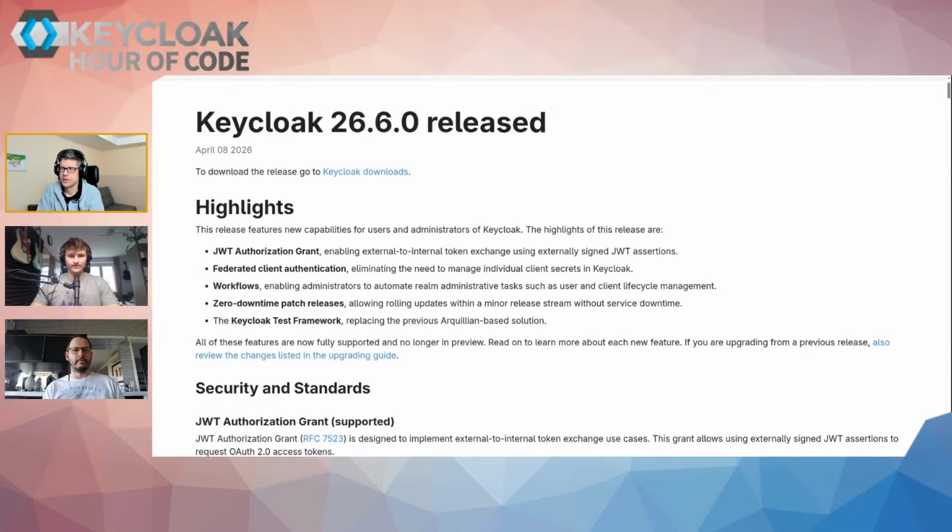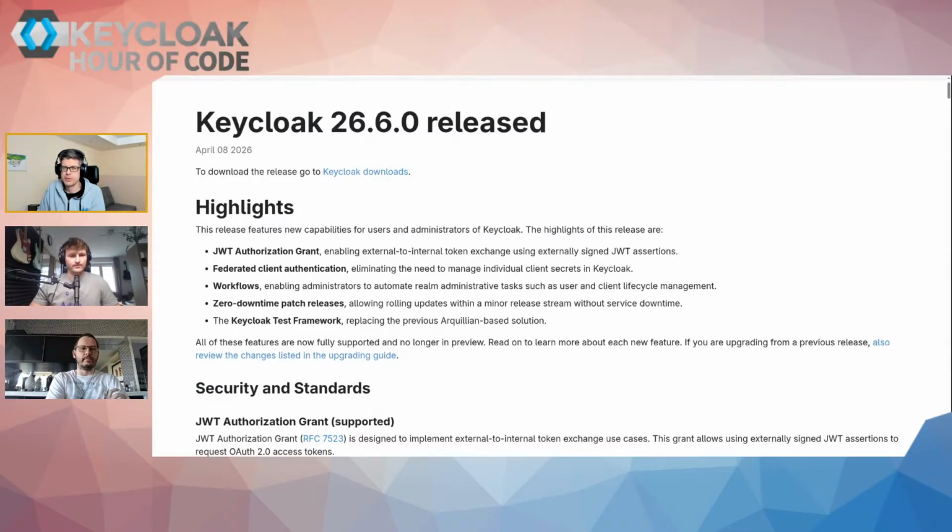Federated client authentication, for example, if you're running on Kubernetes and you don't want to have client secrets and rotate them, you can actually use the Kubernetes service account tokens for that. Sebastian Noszkiewicz and I gave a talk on that at KubeCon Amsterdam. I think the video should be live by now. I have to look it up in a second.